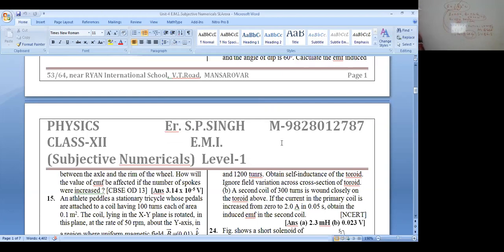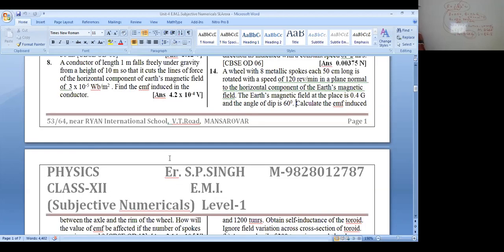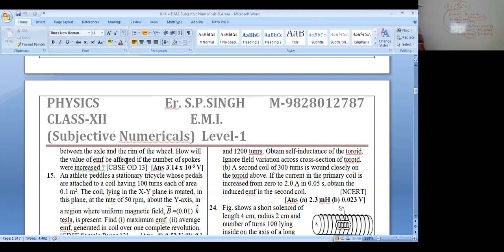And one more thing here, the number of spokes. Calculate the EMF induced. How will the value of EMF be affected if the number of spokes were increased? Here the number of spokes doesn't matter.